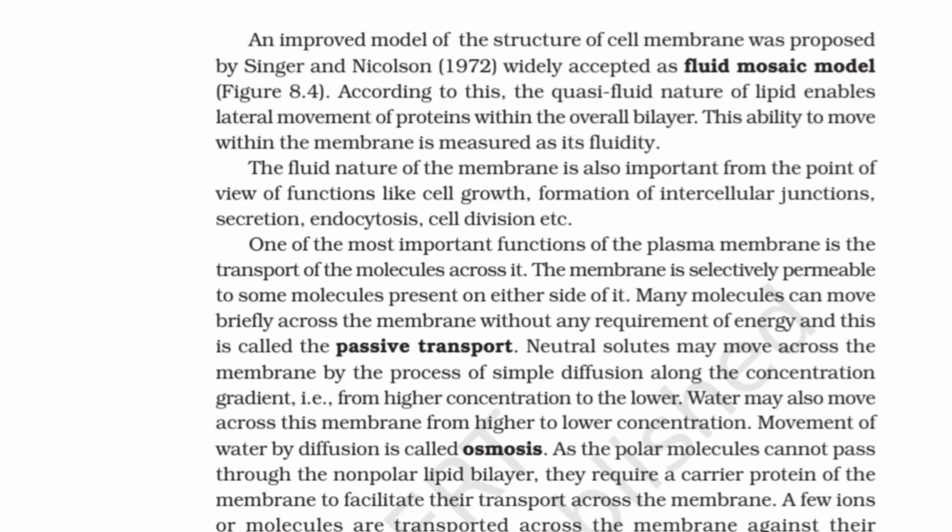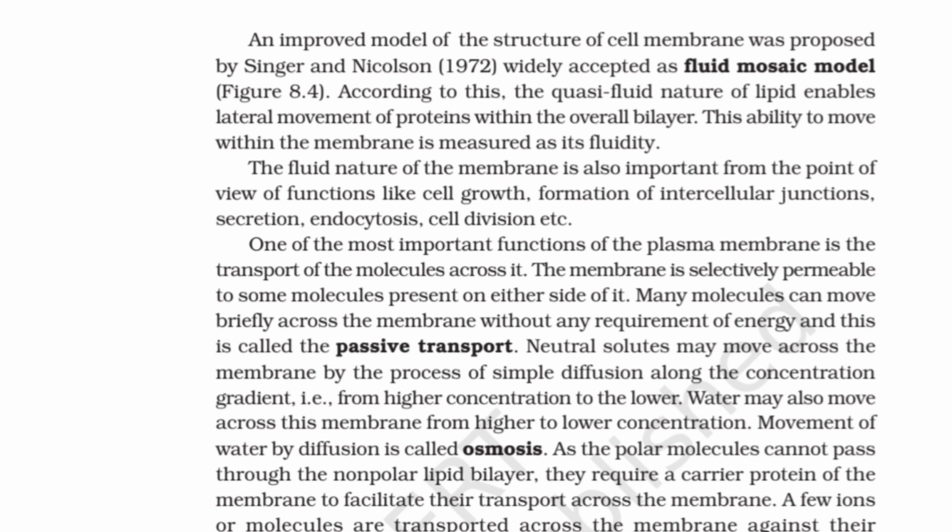Neutral solutes may move across the membrane by the process of simple diffusion, along the concentration gradient, from higher concentration to the lower. Water may also move across this membrane from higher to lower concentration. Movement of water by diffusion is called osmosis.